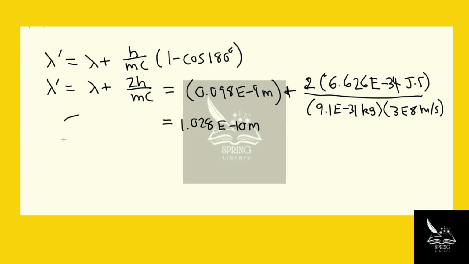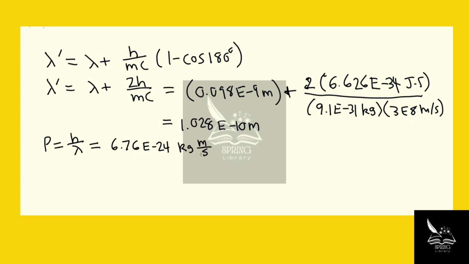So once we have lambda and lambda prime, we can actually get the momentum before and after. So P initial is just h over lambda, using Planck's constant and the original lambda. We can write this out to be 6.76 times 10 to the negative 24 kilogram meters per second.